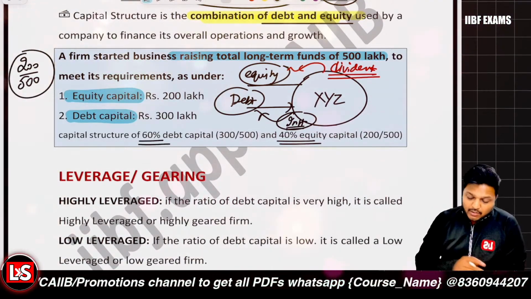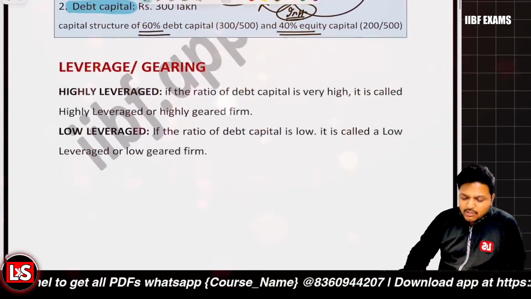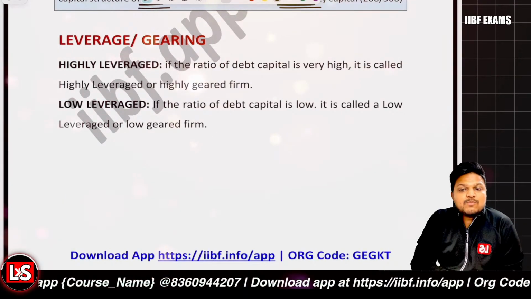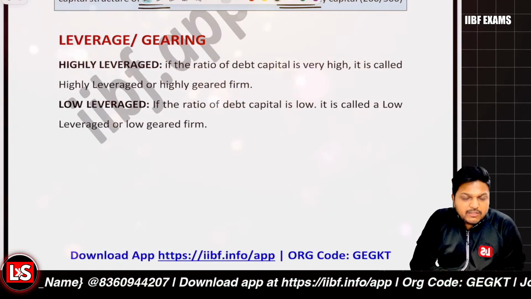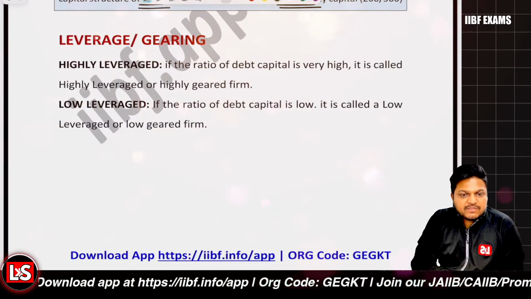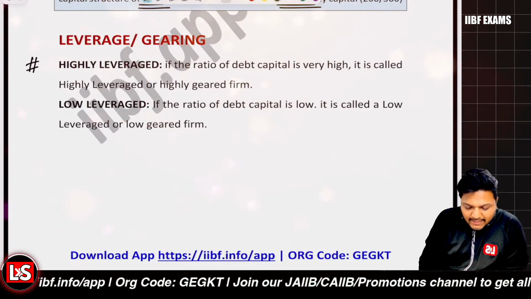And what do you mean by leverage? Leverage means you are not using your own funds but using borrowed funds more. When your capital structure carries more debt, we say it is leveraged, or highly leveraged.